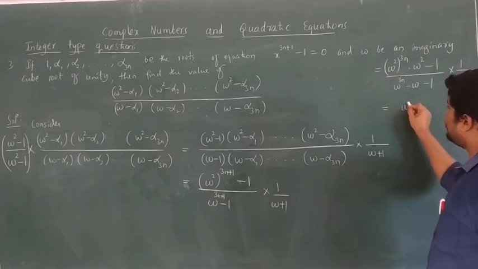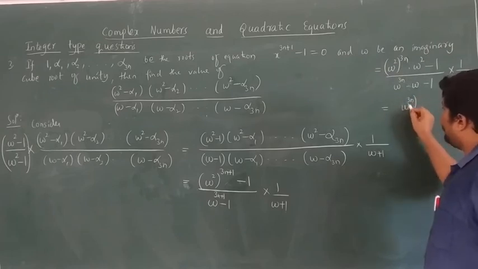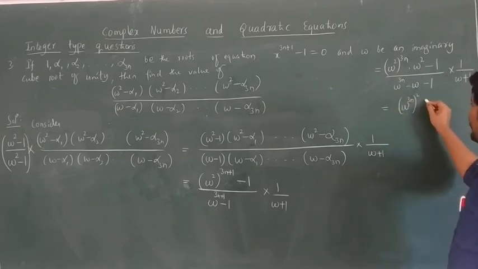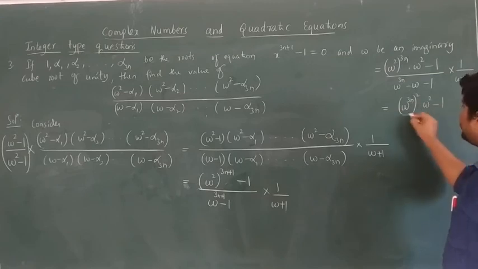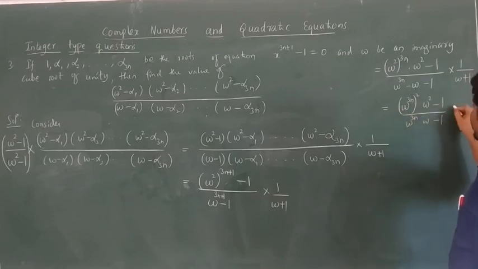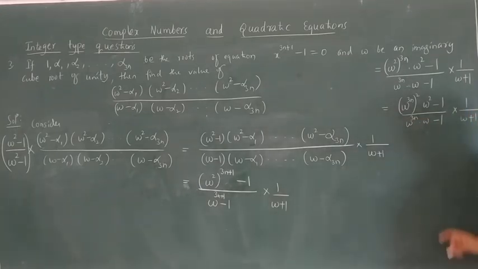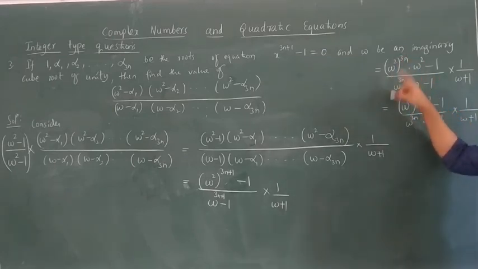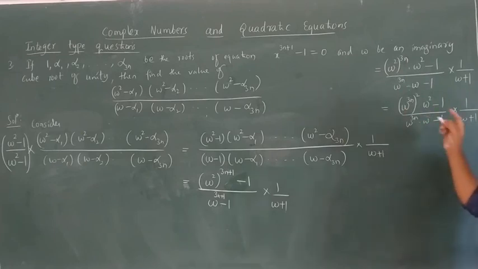That can be written as (ω to the power 3n) whole squared into (ω² − 1), divided by ω to the power 3n into (ω − 1) multiplied with 1 divided by (ω + 1), utilizing the law of indices, that is (a^m)^n can be written as (a^n)^m. Finally that can be written as a^(mn).